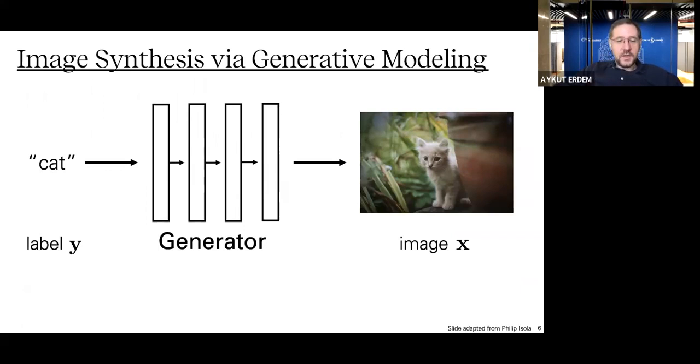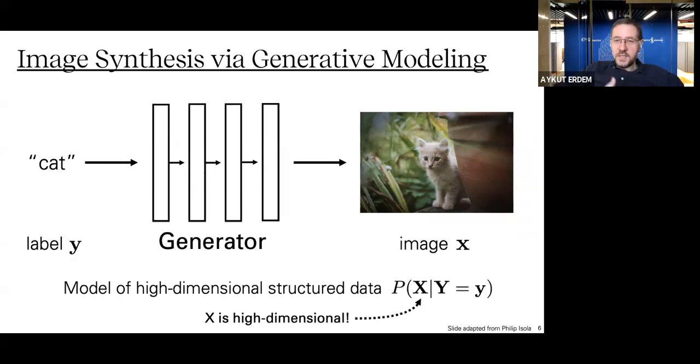Let me describe what we mean by these neural networks. For the time being, suppose that we are interested in learning to generate a specific object category, like cat images. If we train a model, a generator network, we try to understand the underlying data distribution.